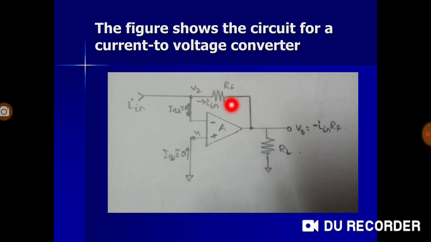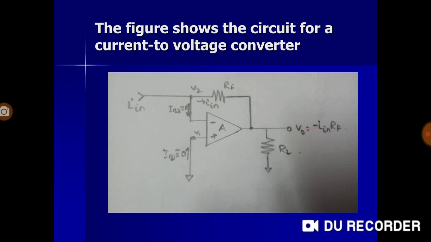The feedback resistor RF is connected between the output terminal and the inverting input terminal, and here in particular it's I in, that is the input current source. The signal that is being applied at the inverting input terminal is I in, in the form of current. And here we see that output is given as minus of I in times RF, that is the feedback resistor times the input current.